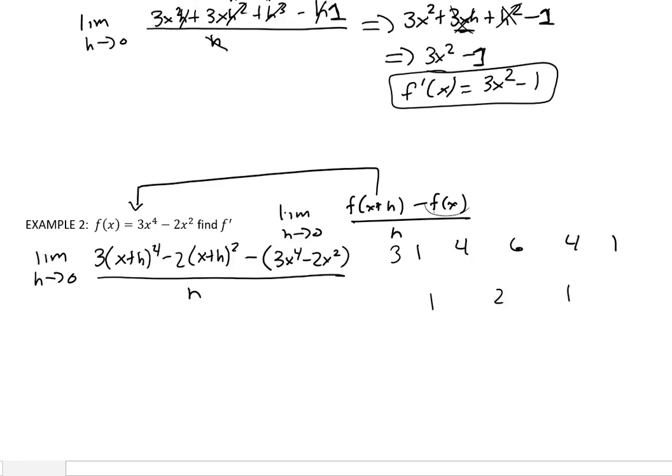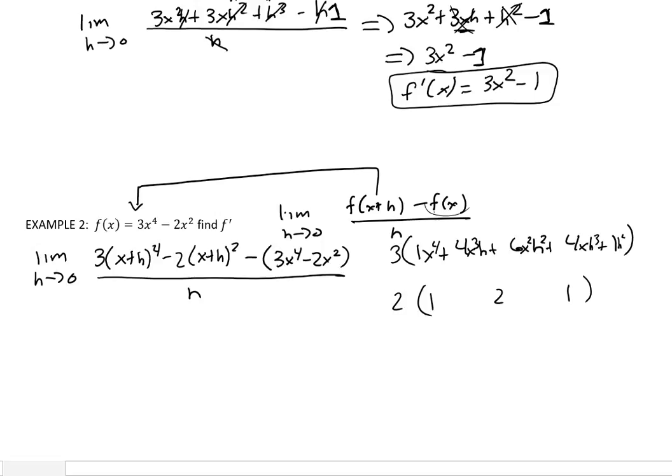So it would be x to the fourth plus 4x to the third, drop the exponent, now we bring the h in, plus 6x squared, move the exponent down 1, and for the h we move the exponent up 1, plus 4x h to the third plus h to the fourth. Alright, now we do the second one.